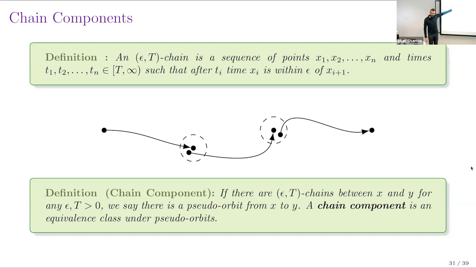Using this methodology, you can almost fudge it and say it's the same orbit, because you can always jump infinitesimally to a different path. Okay? So it allows us to really step away from getting bogged down in differentiating between all these nuanced dynamical system behaviors. As a result, we can introduce this notion of chain component.